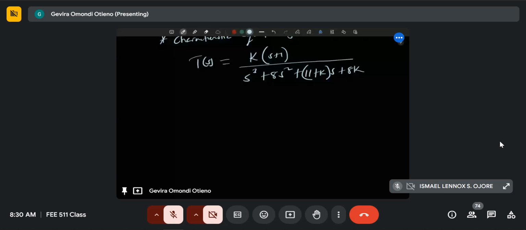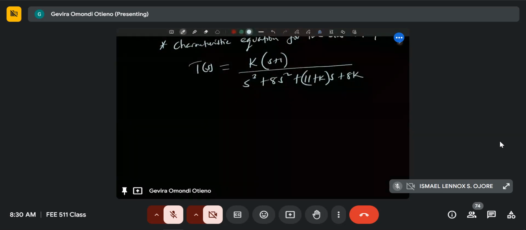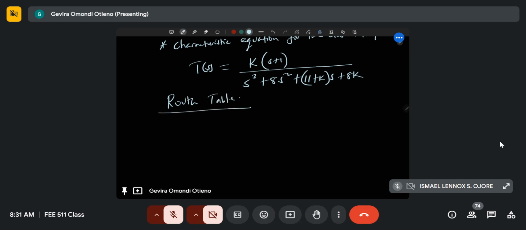Now, to do that, one, we need to figure it out from the Routh table. So how do you draw the Routh table? This you did when you were determining stability, the Routh-Hurwitz criterion. For the table, the highest power of s here is 3.